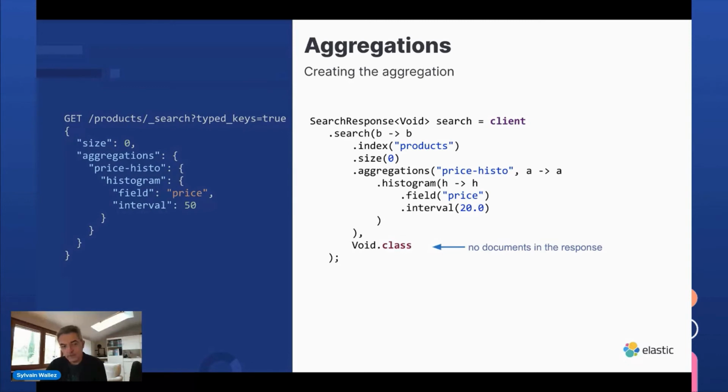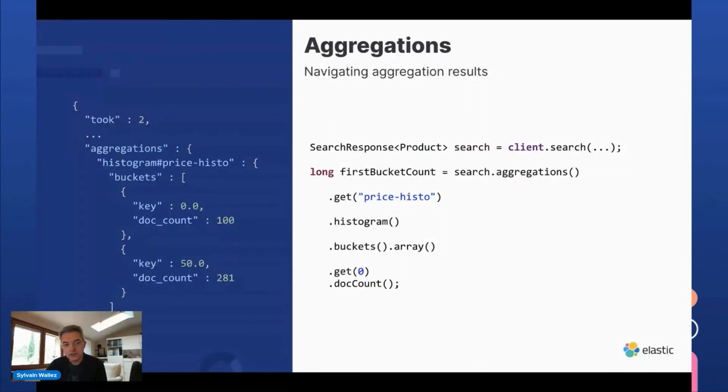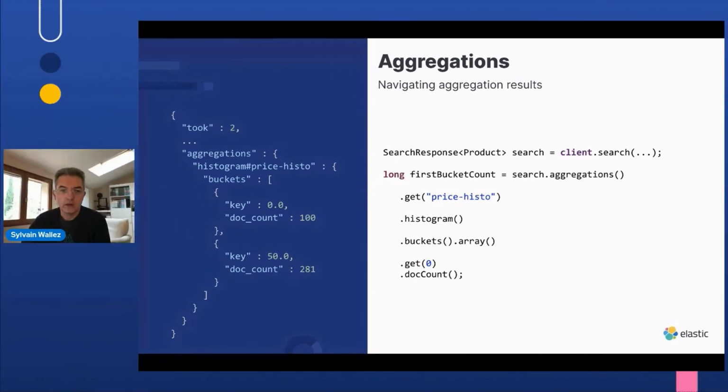Now, navigating the aggregation results is always a bit complex because of all the variety of aggregations that we have. On the left, we see that the aggregation comes back as a dictionary, where we have the name and the type of the aggregation, like histogram, and the name price-histo. Under that property, we have the aggregation buckets. In Elasticsearch, buckets come in two forms, depending on how you configure your aggregation, either arrays or a map.